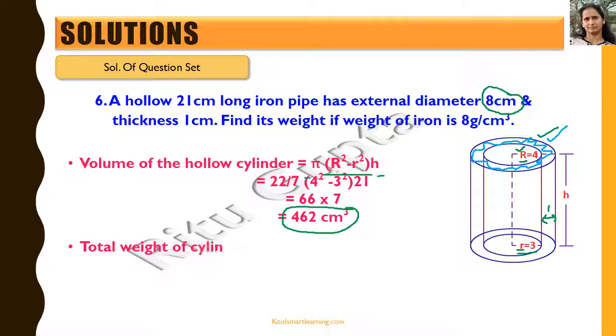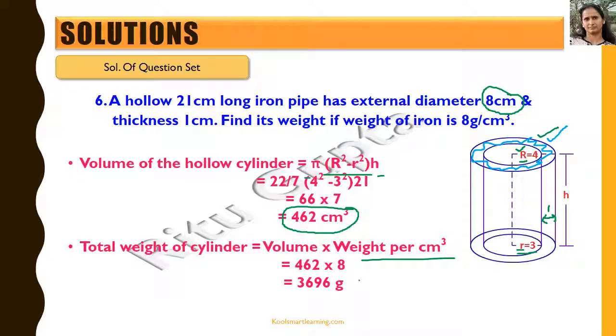Now the total weight of the cylinder, which is made up of iron, is given by volume into the weight per centimeter cube. So volume is 462 into weight per centimeter cube is 8. So 462 into 8 is the total weight of this pipe, which comes out to be 3696 gram, or you could say 3.696 kilogram.